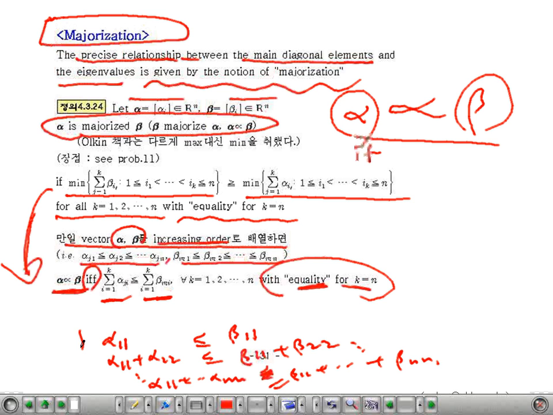The first one is less than or equal to the first of the other. The addition of the first two still has the same inequality. The addition of the first three has the same inequality. The addition of the first four has the same inequality. But at the end, the summations are the same. Then we say the first vector is majorized by the second vector. This is the definition of majorization.